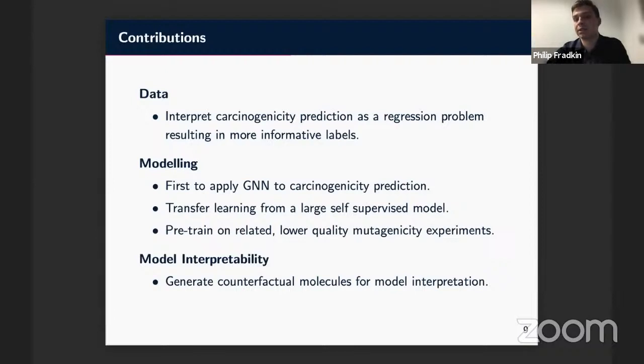So it's a continuous representation instead of some other databases where you just have a 0, 1, carcinogenic or non-carcinogenic. Is there tumor growth or not?